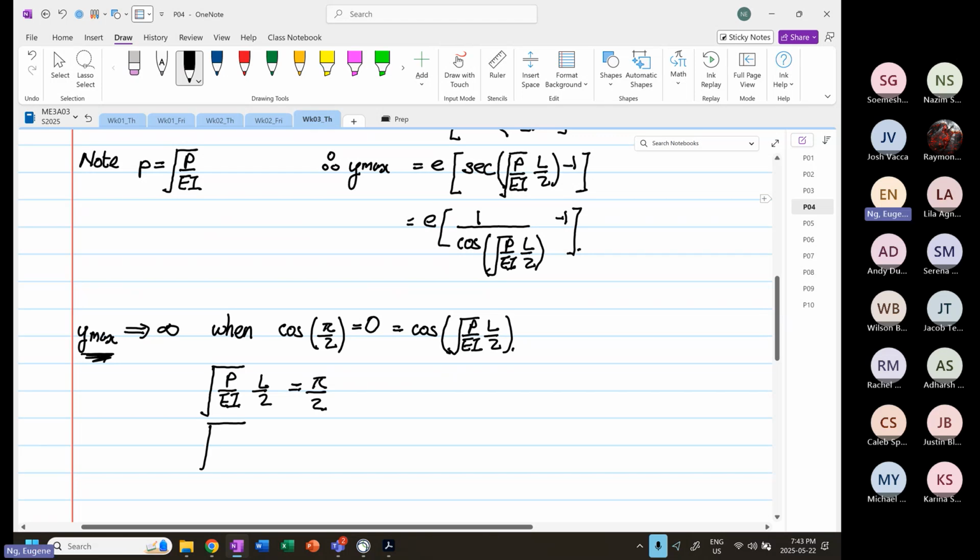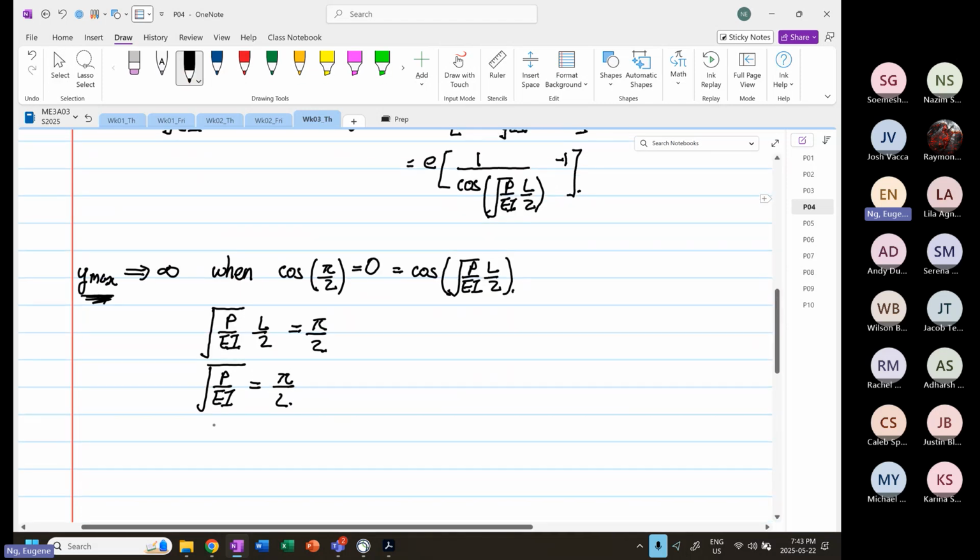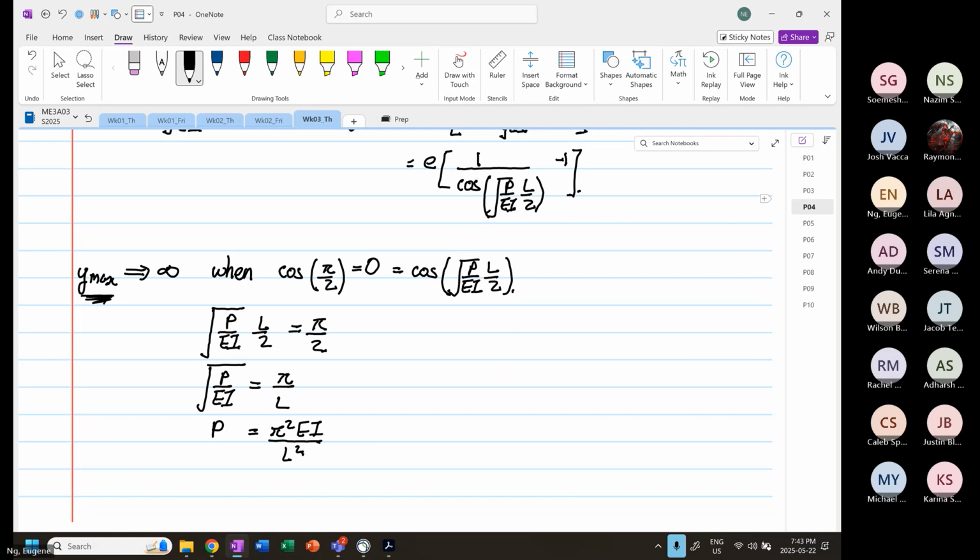So this expression will be square root P over EI, and this will be pi over L. So P over here will be equal to pi squared EI over L squared, right?